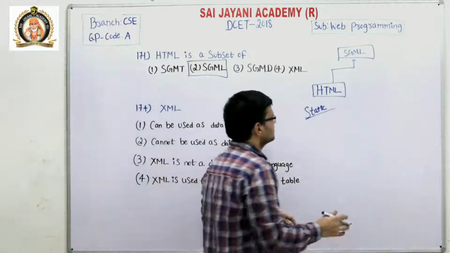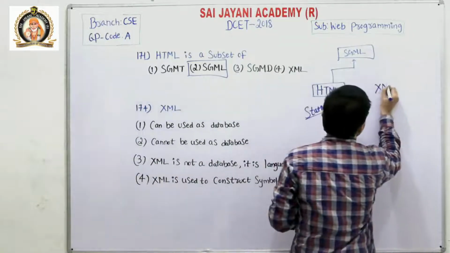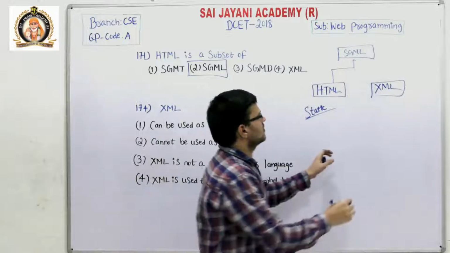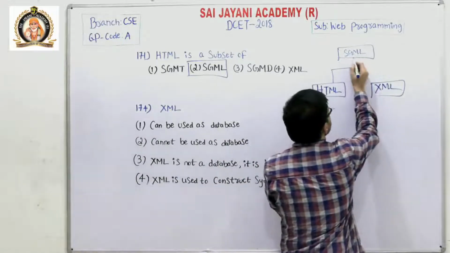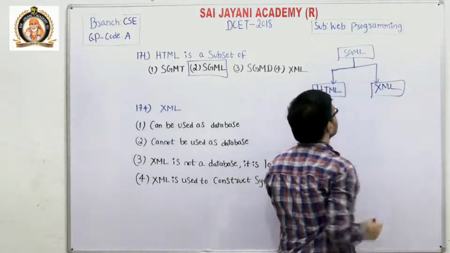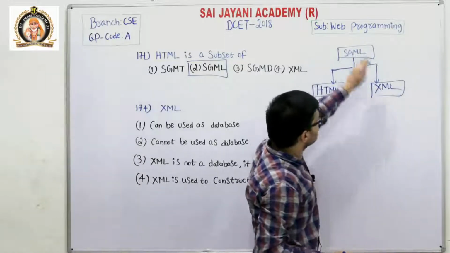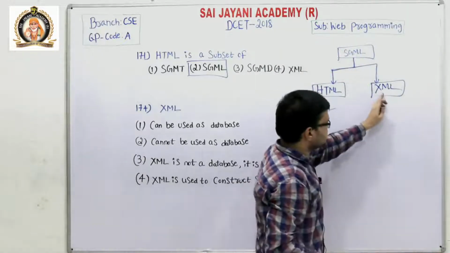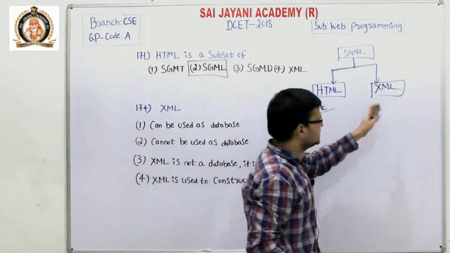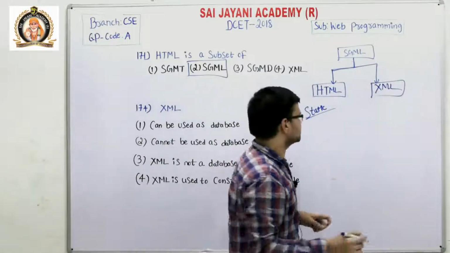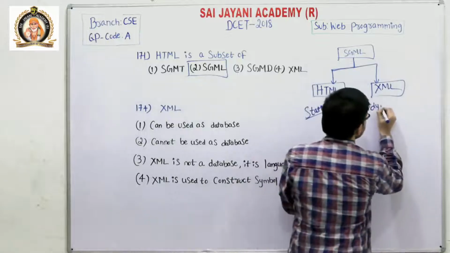Okay, the another one is XML. This is also a subset of SGML. XML means extensible markup language. It is also used to create web pages and web applications, but it is dynamic in nature.